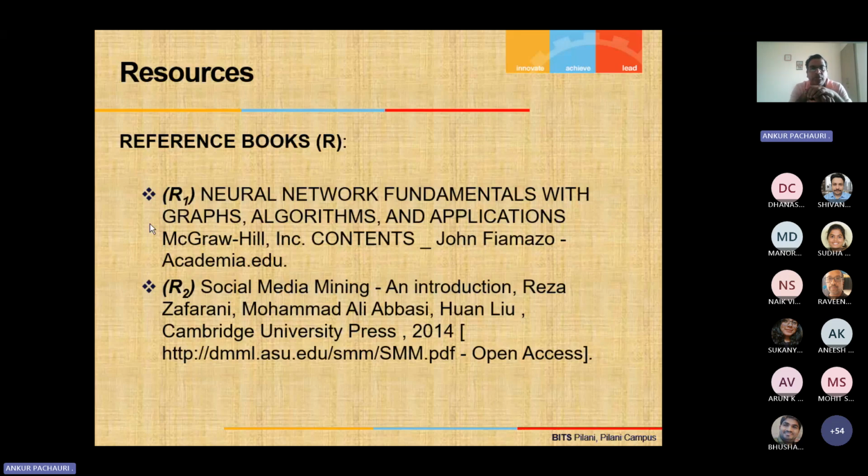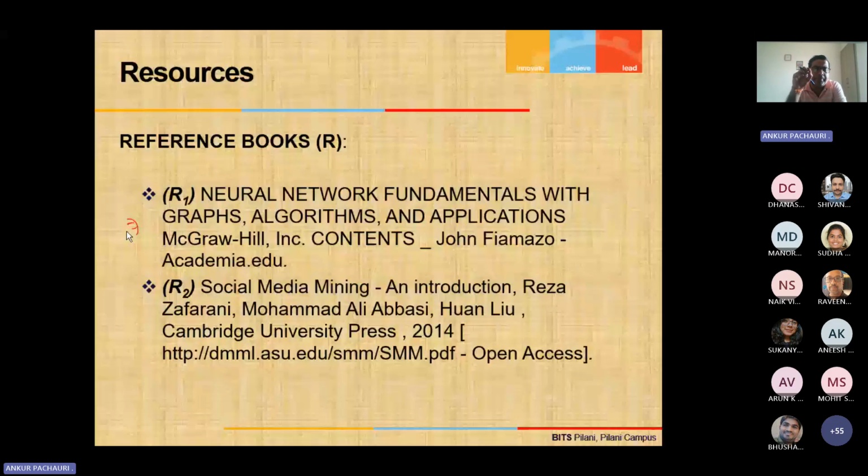Neural Network Fundamentals with Graphs, Algorithms and Applications is a very old book of neural networks that just covers the basics. The second is the social media mining book, which covers mostly the theoretical or initial part of the content.